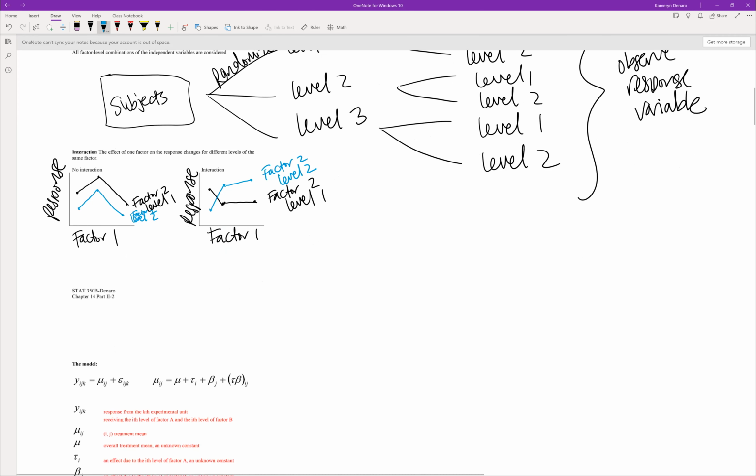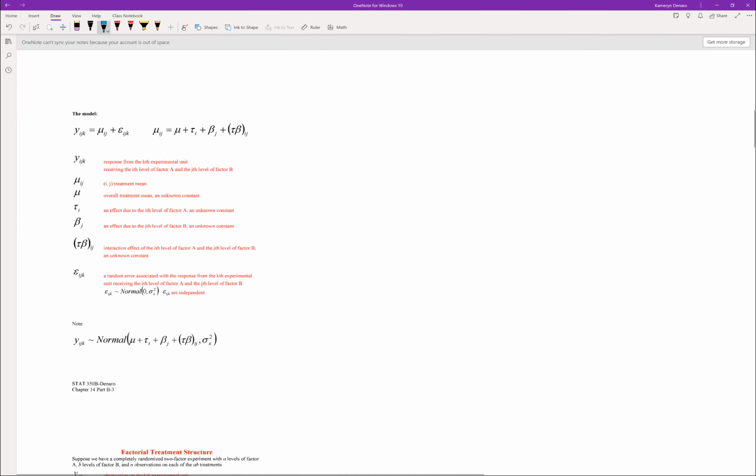We're going to use a linear model where we have y_ijk equals mu_ij plus epsilon_ijk. So y_ijk is the response from the kth experimental unit.